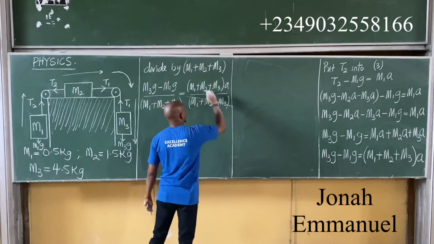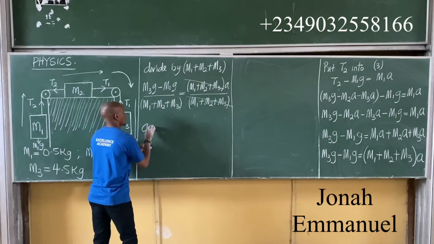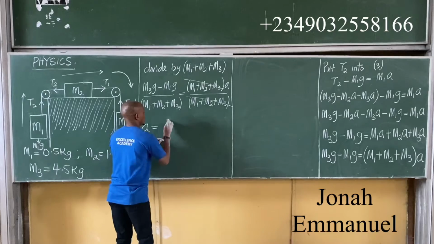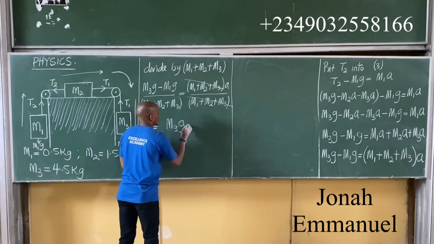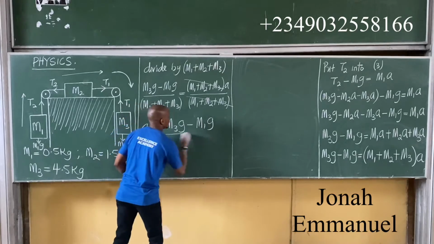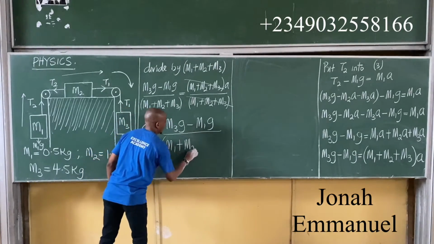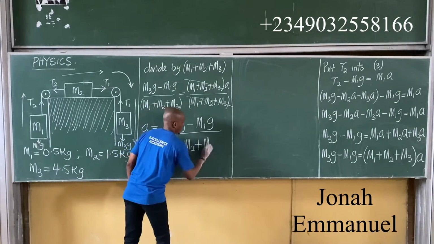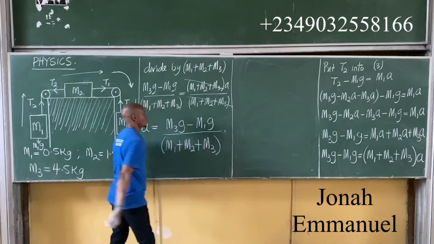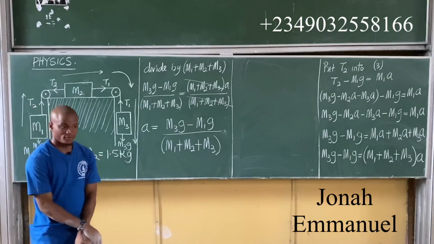So this will cancel out and we are left with A. That means A is equal to M3G minus M1G all over M1 plus M2 plus M3. So I have this. That's what you see.